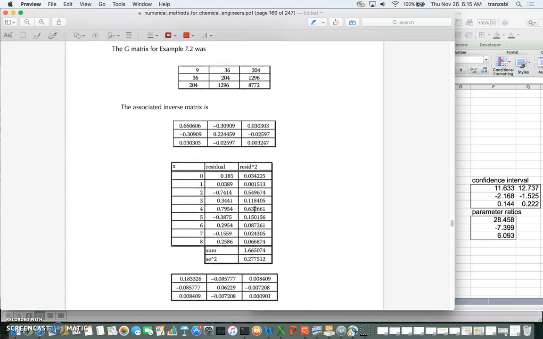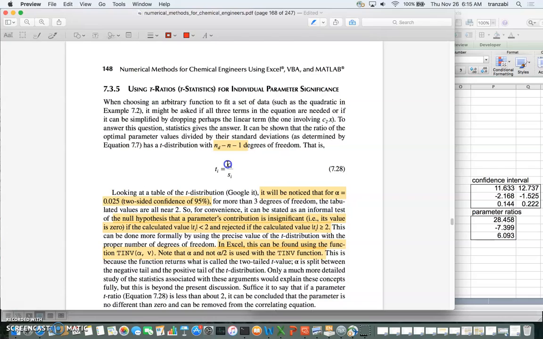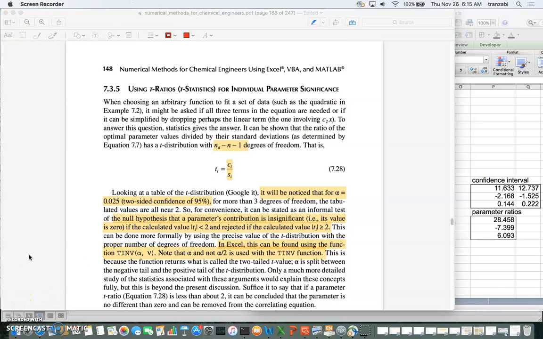So we calculate the t-ratio, and the t-ratio is calculated this way. You get the coefficient, the model parameter, divide by the S_i, and this S_i is basically the standard deviation.